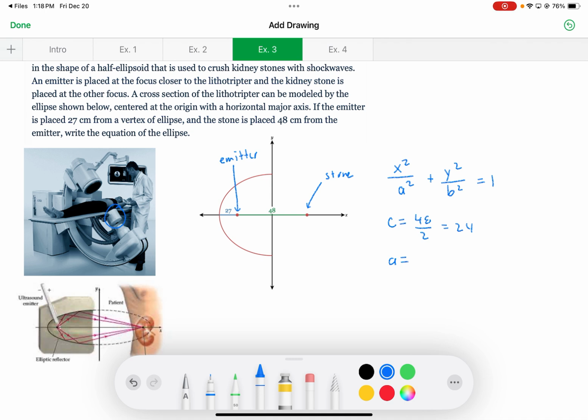So how am I going to calculate a here? We know the distance from the center to each focus point is 24, and then you've got to go 27 more beyond that to get to the vertex, right? So a is 24 plus 27, or 51.